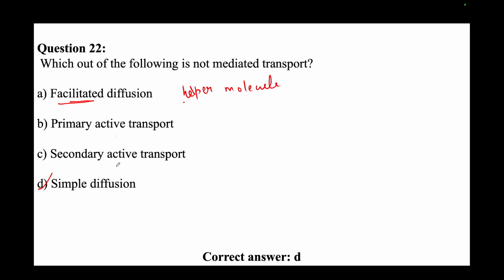Primary and secondary active transport. The term active transport means energy. So active means there is an involvement of energy, in the form of ATP. So wherever active transport is happening, that means ATP is required. So something is required, so it is also mediated transport. This transport is mediated by ATP, that is giving energy for this transport to happen.